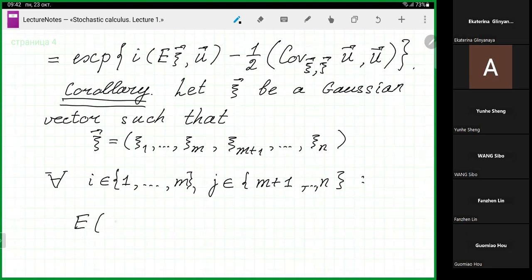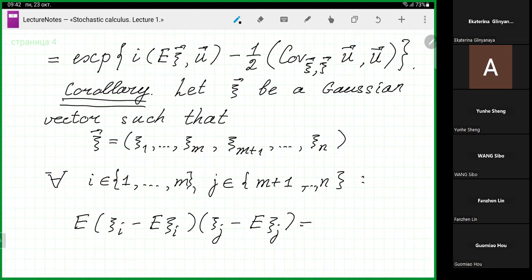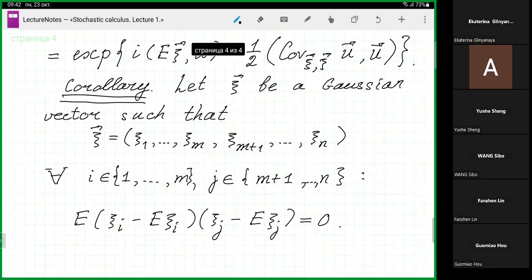So the expectation of (psi i minus its expectation)(psi j minus its expectation) is equal to 0. So we have uncorrelated sets of coordinates in our random vector.